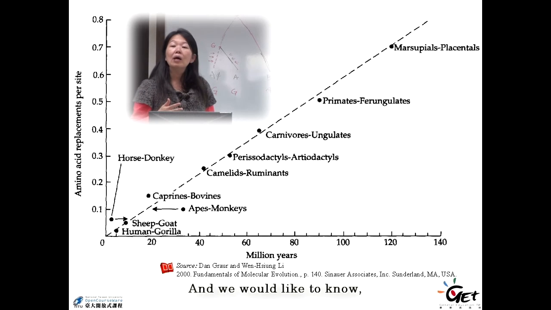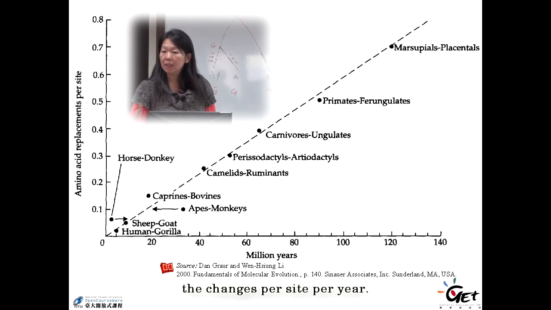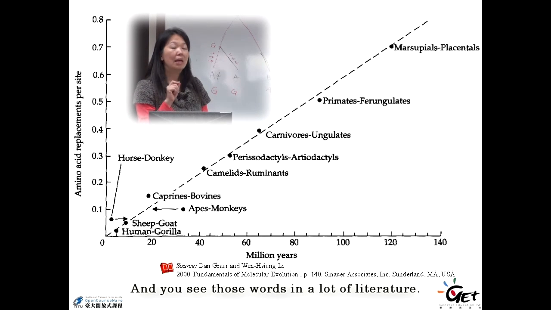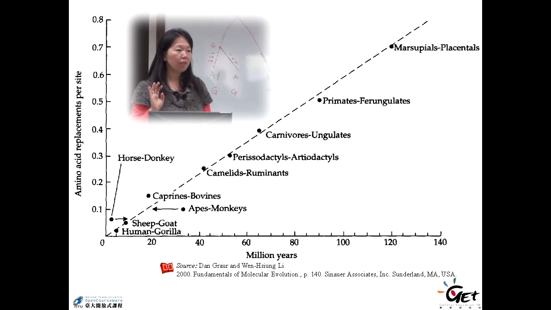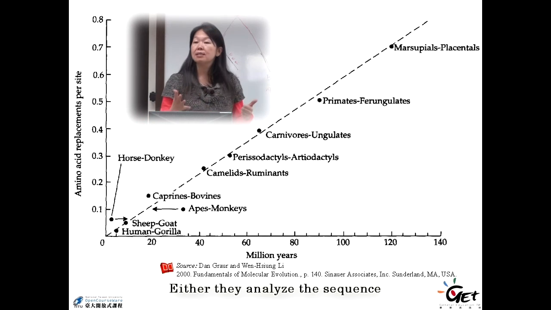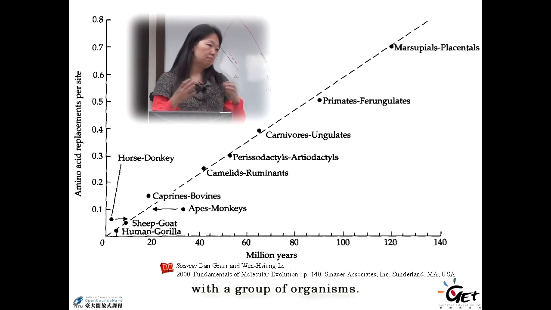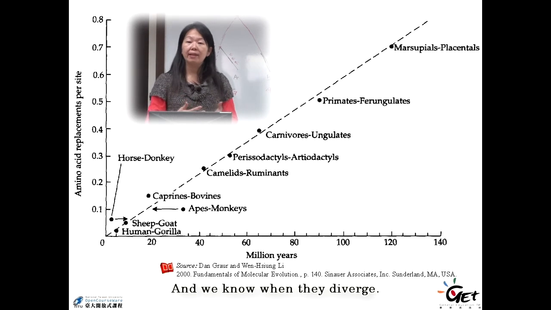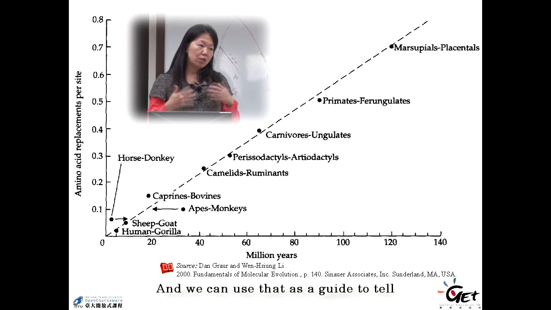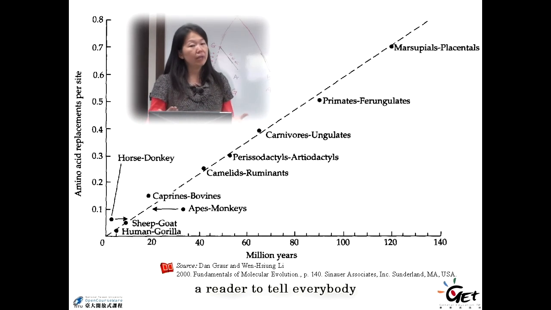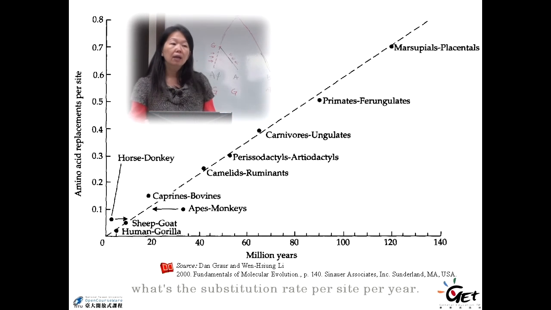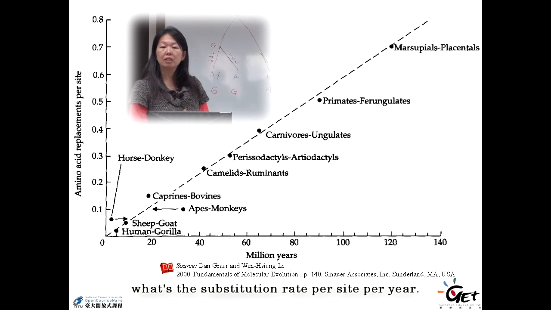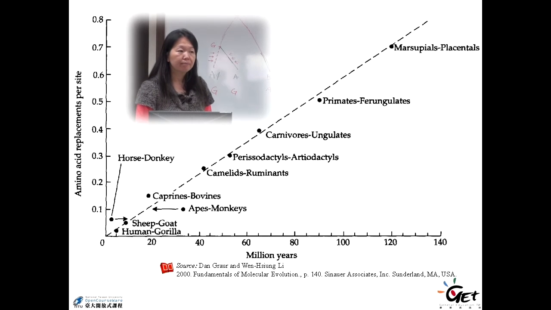We like to know the changes per site per year, and you see those words in a lot of literature. Either they analyze the sequences of a group of organisms where we know when they diverged, and we use that as a guide to tell everybody the substitution rate per site per year.